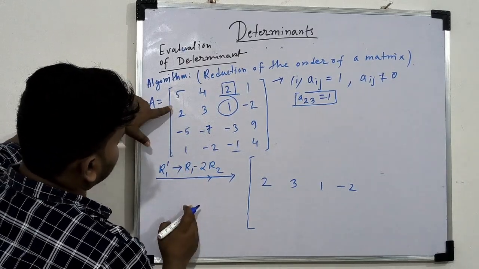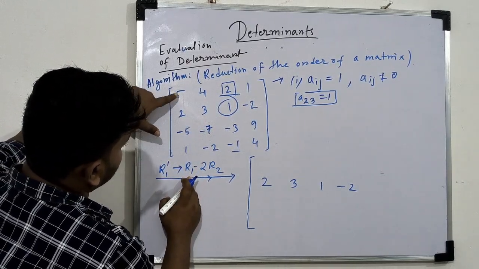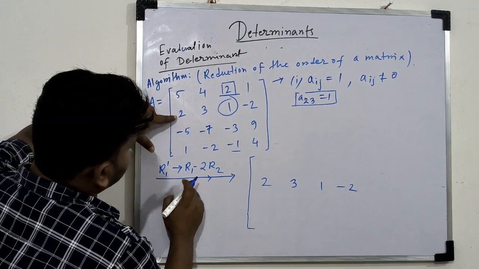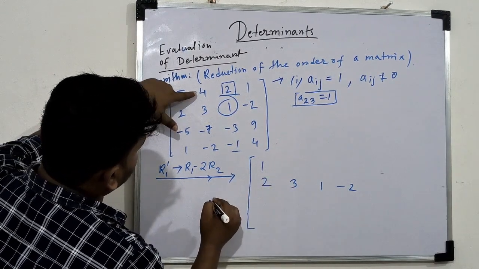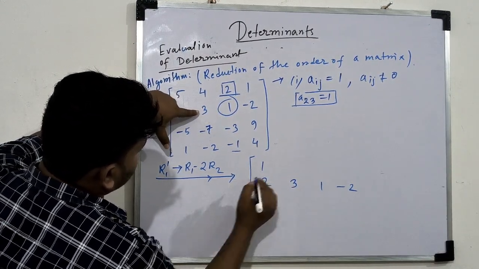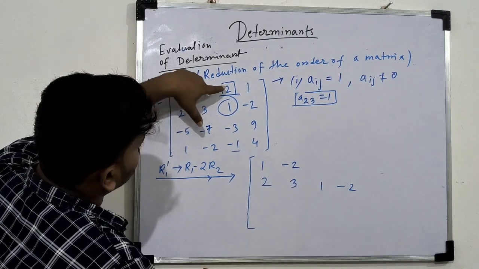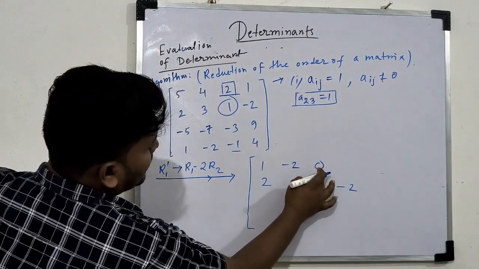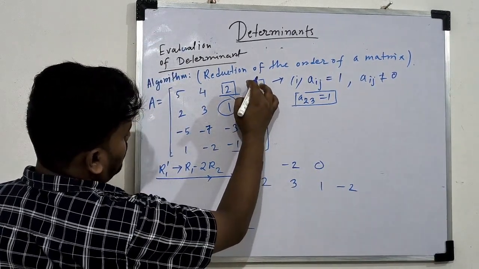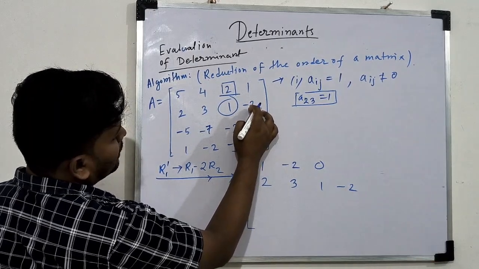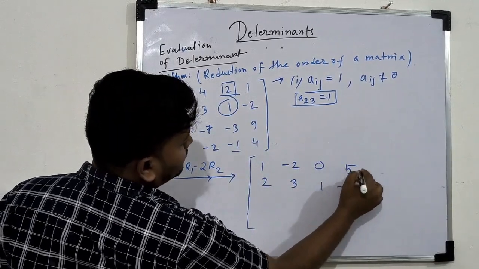So we get r1 minus 2 into r2. So 5 minus 4 will be 1, 4 minus 6 will be minus 2, 2 minus 2 will be 0. So we make this 0. So 1 minus 1 is a plus 4. So this will be 5.